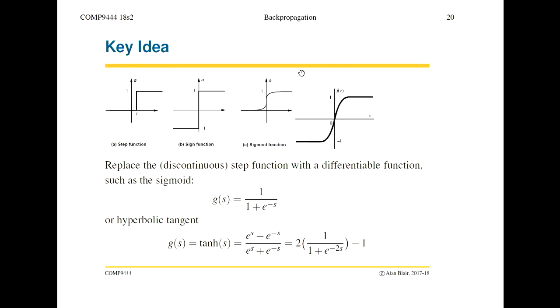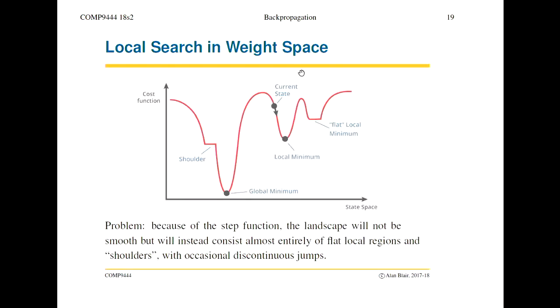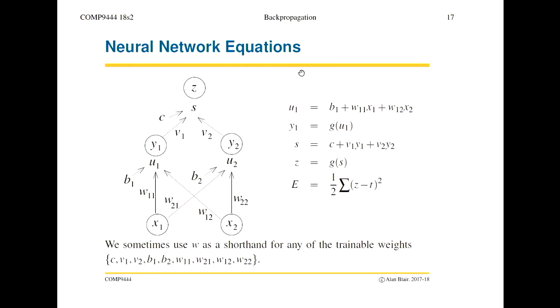But the more important issue is that you're solving simultaneous equations. As soon as you get to a network of any decent size, it's going to be too hard to solve those equations because it's not like a polynomial equation.